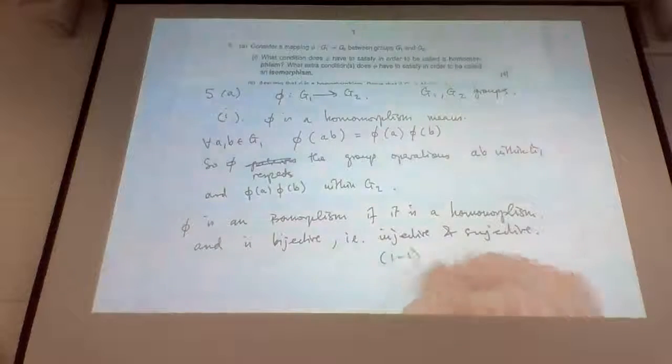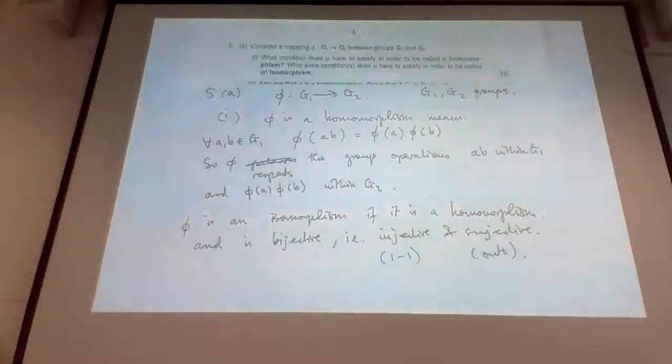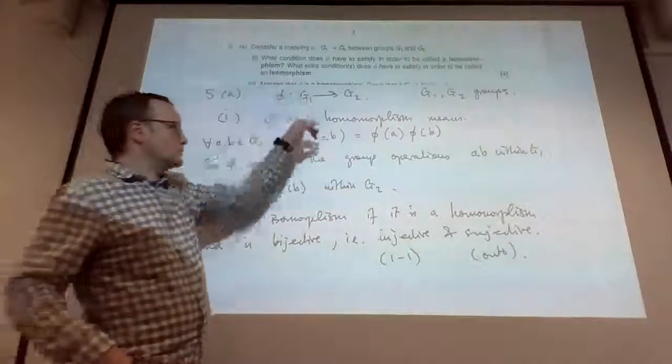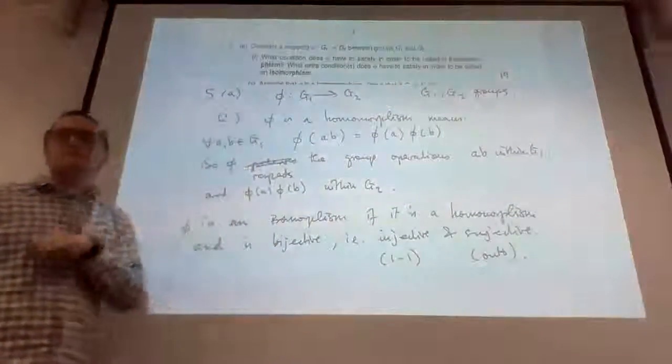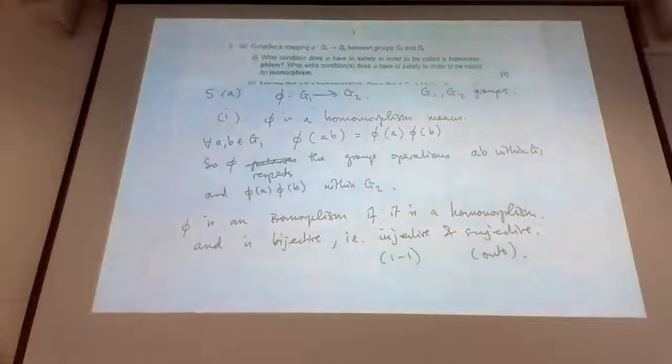Those are one-to-one and onto, of course. Is a homomorphism injective? No, not necessarily. A homomorphism is just a map that satisfies this for every A, B. It doesn't have to be injective, doesn't have to be surjective. It might be, but there are no conditions on it. But you're saying phi is an isomorphism if it's a homomorphism and bijective. Yeah. Okay.